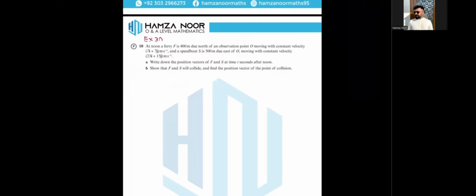So the question says that at noon, a ferry F is 400 meters due north of an observation point O, moving with constant velocity 7i plus 7j meters per second, and a speedboat S is 500 meters due east of O, moving with constant velocity 23i plus 15j, but this vector is incorrect in the question.